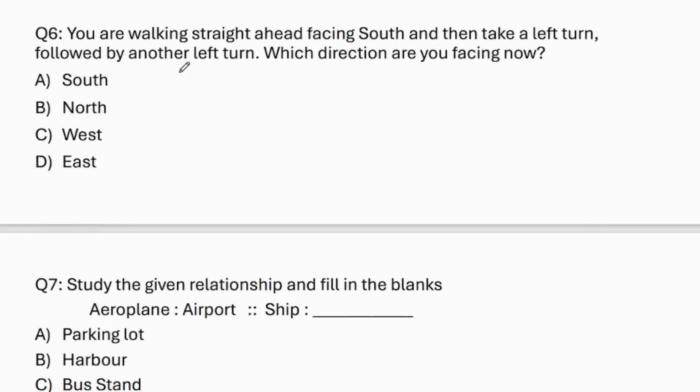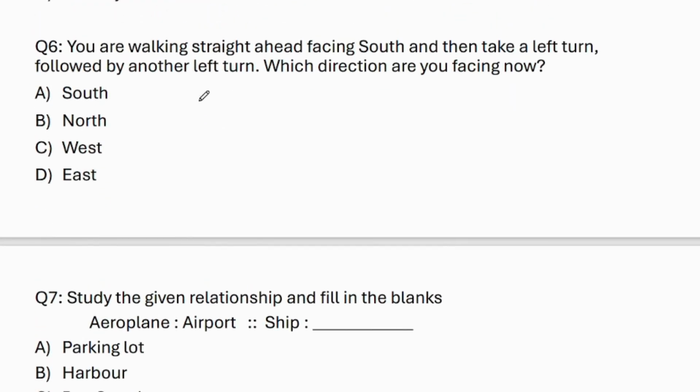Now, next question is you are walking straight ahead facing south. Okay, so on paper the upper side is north, this is south, right side is east, and this is west. So the question is you are walking straight ahead facing south, and then take a left turn. If you are walking straight this side, this will be your right and this will be your left.